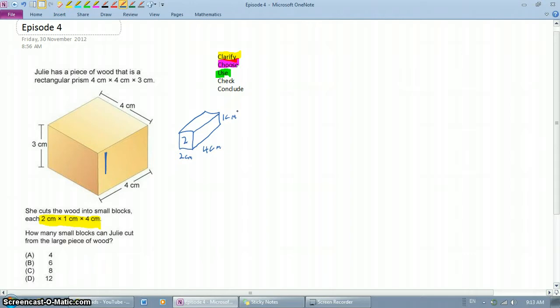Now when we're working in volume, I'm just going to come to the side for a moment. I'm hoping at this stage that we understand that area is always written as units squared, because we're using 2 dimensions, length times width. If we go back to perimeter, we never write it as squared, we just write it as units.